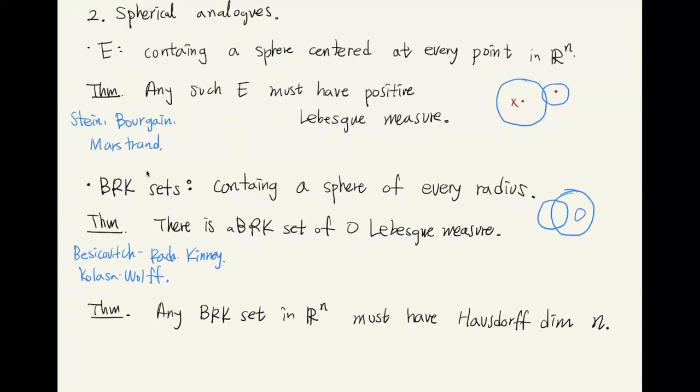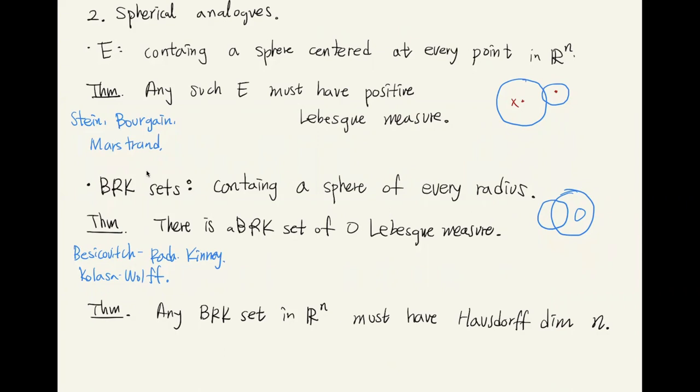So let me just comment on this result. In the case of the Kakeya problem and Nikodym problem for line segments, the problem is more difficult in the case of higher dimension. But for the case of Besicovitch–Rado–Kinney sets, the problem is actually easier in higher dimension, and it's harder in dimension 2.